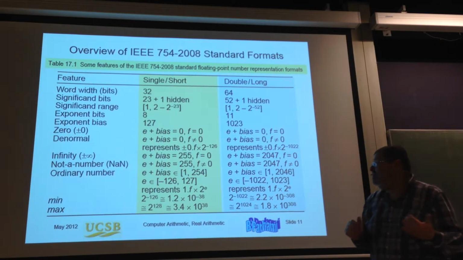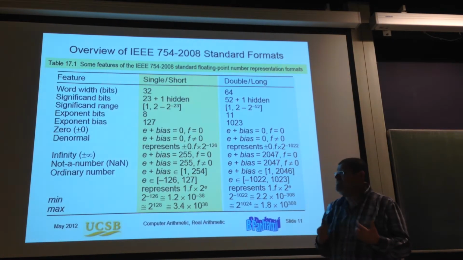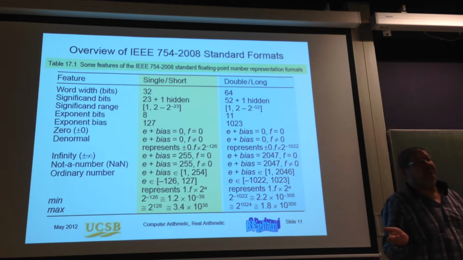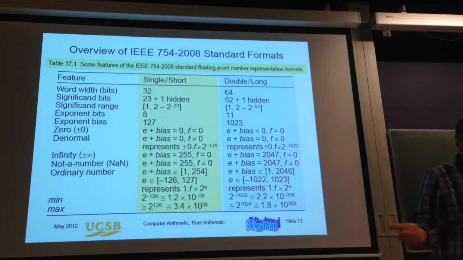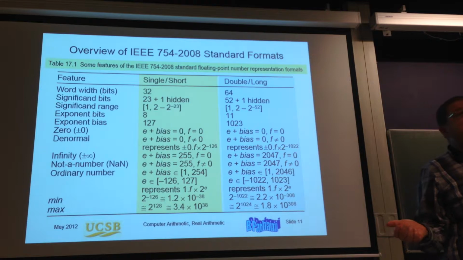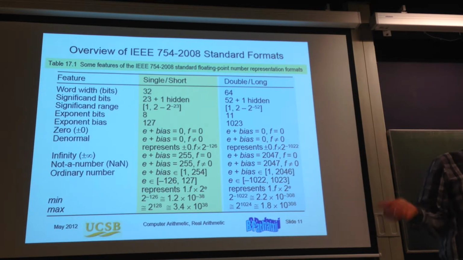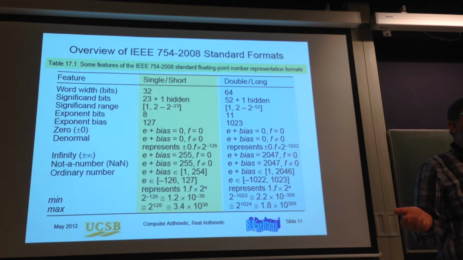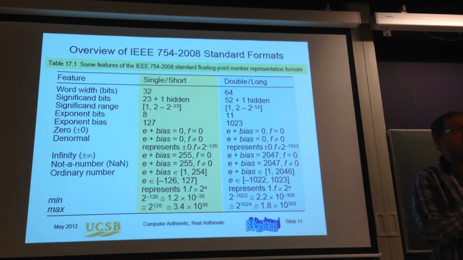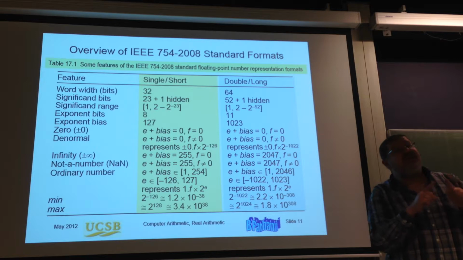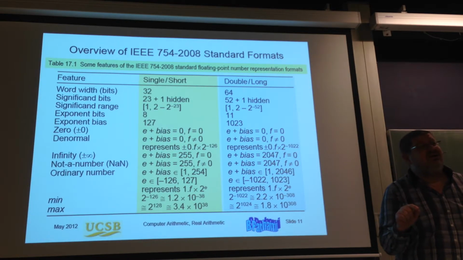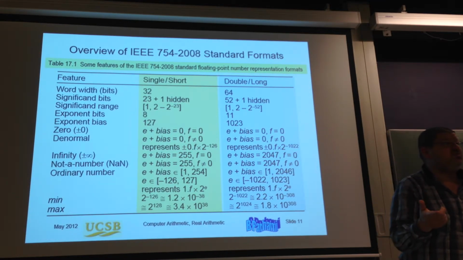If the fractional part is not 0, this is considered to be not a number. Okay. Now, what is not a number? Division by 0, for example. Square root of a negative number. Those are conventions, and you have to implement them in hardware. And you have to signal to the processor.